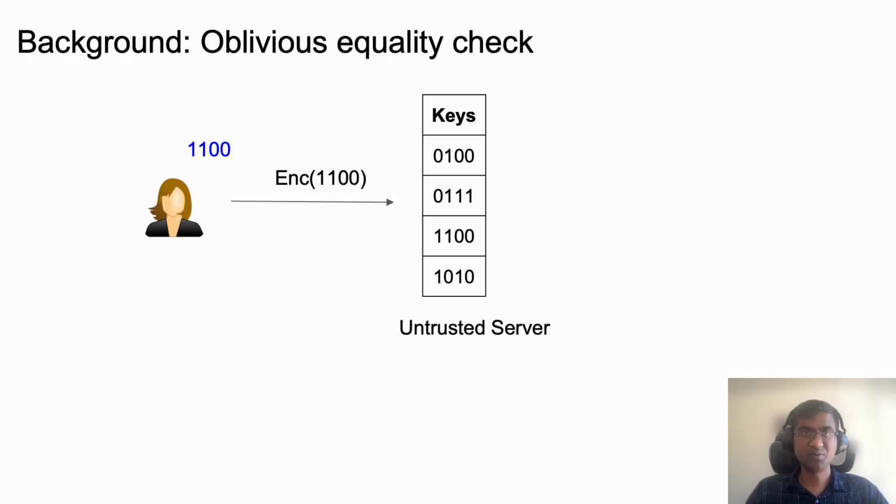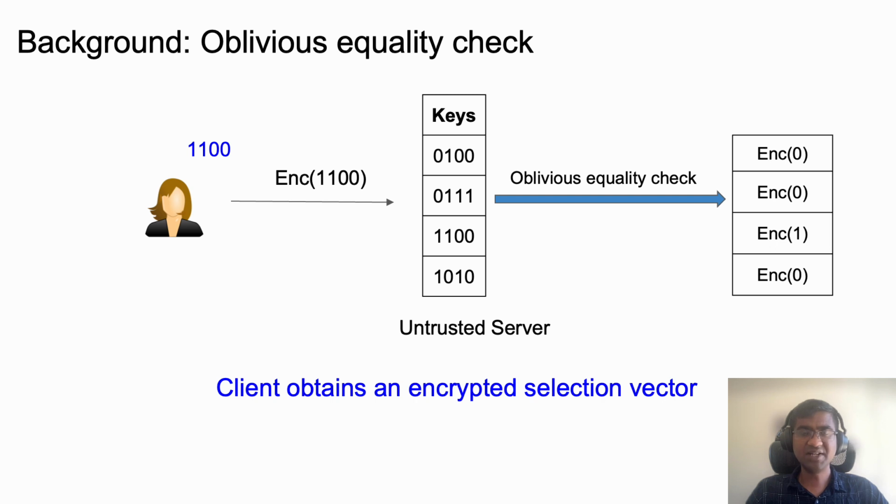The server performs some computation between each key in the set and the encrypted client key and generates an array of encrypted values. The array contains an encryption of 1 where there is a match and an encryption of 0 otherwise. Thus, the client obtains an encrypted selection vector, which only the client is able to decrypt.